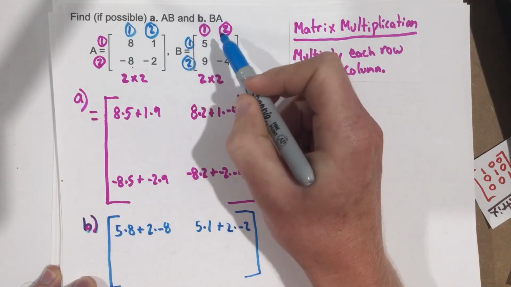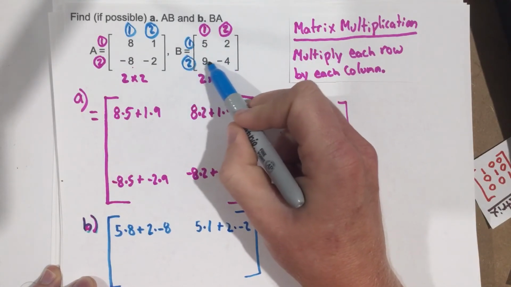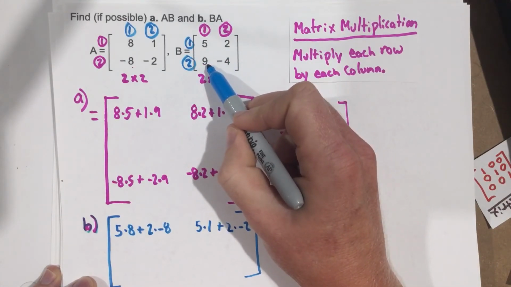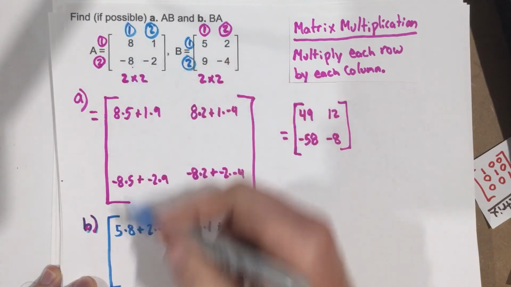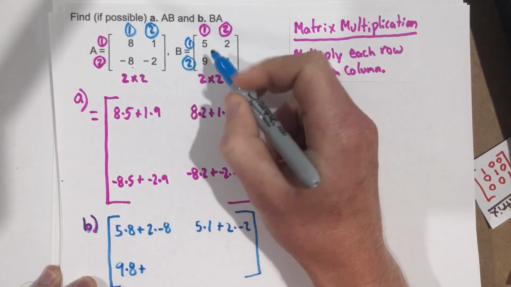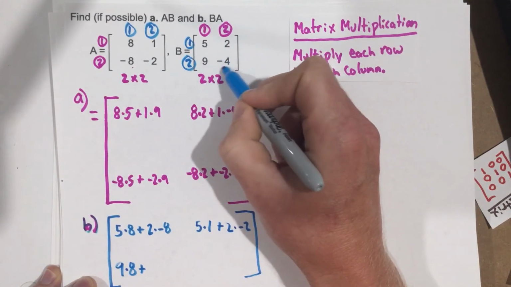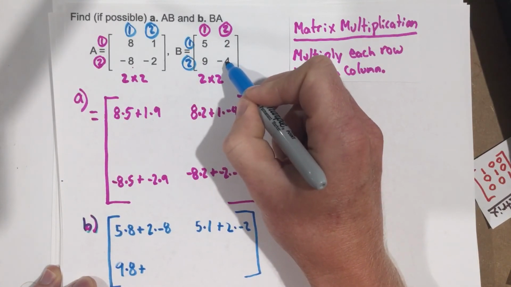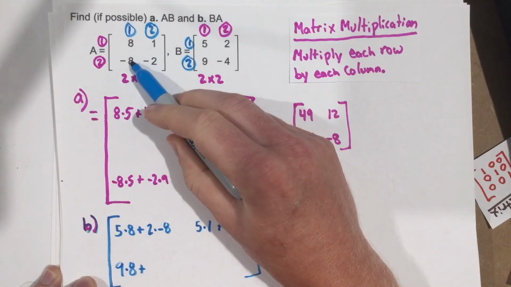And then we're going to go to row 2. Row 2 is 9 times 8 plus negative 4 times negative 8.